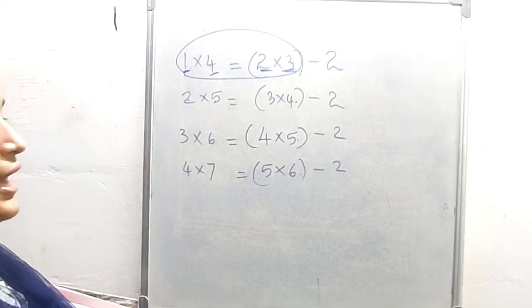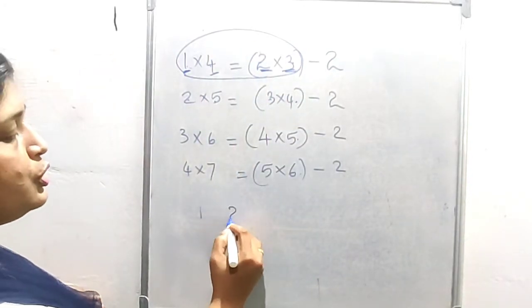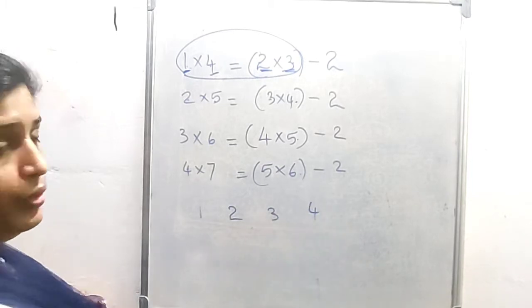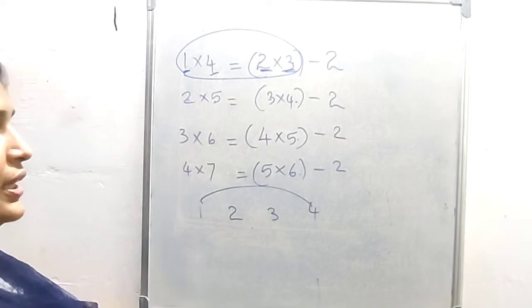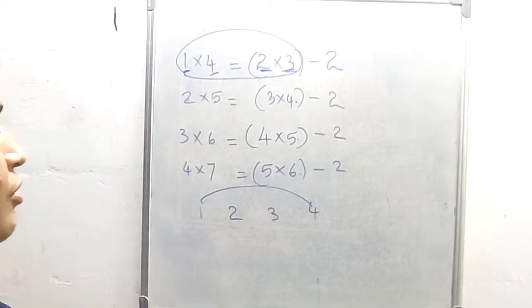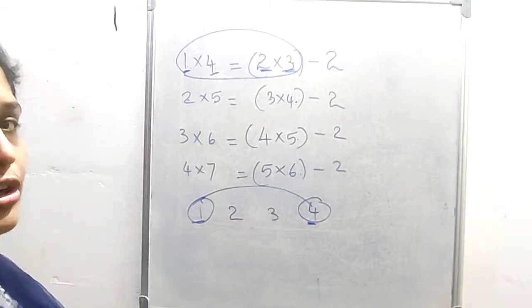So, if we take 4 consecutive natural numbers 1, 2, 3 and 4, then the product at the ends, 1 and 4 are placed at the ends of this set of numbers.